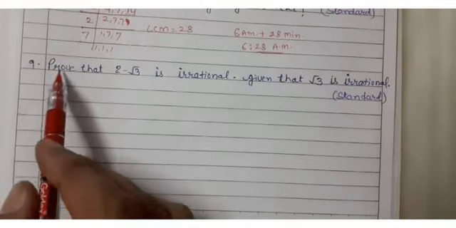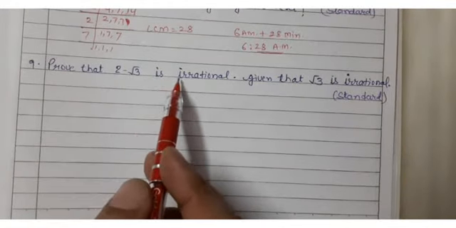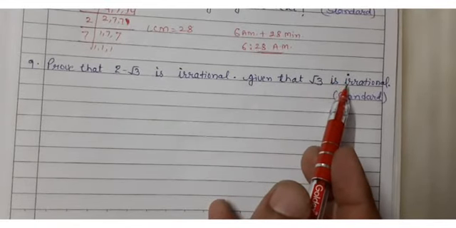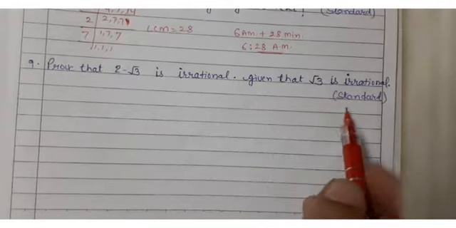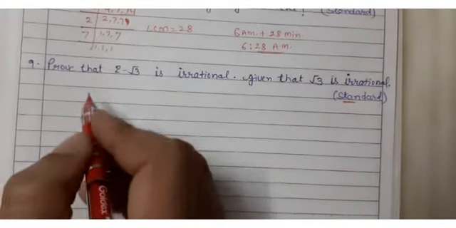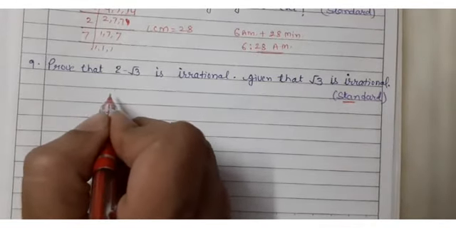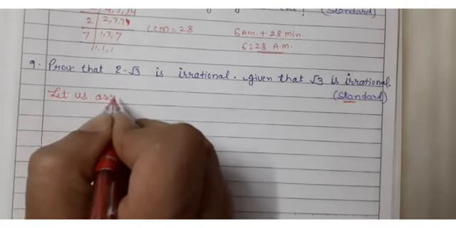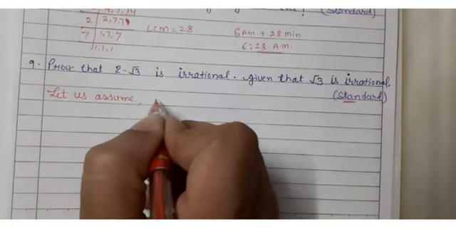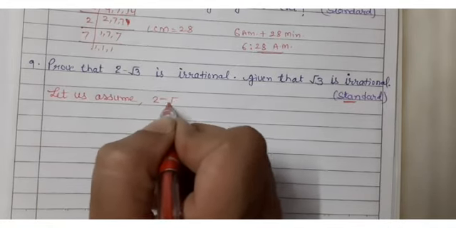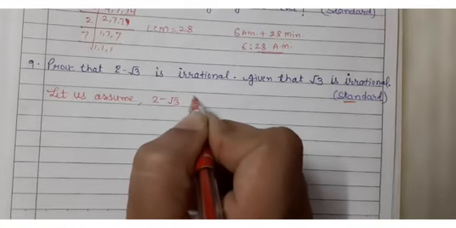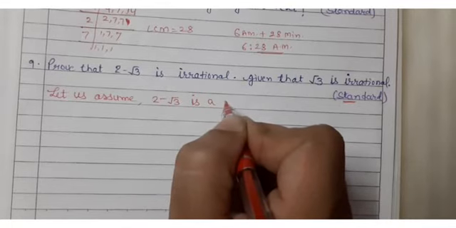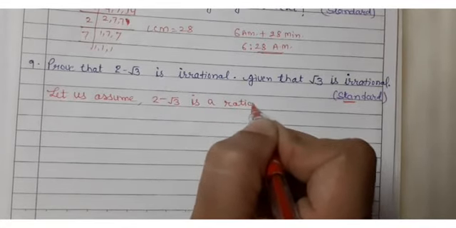The next question is: prove that 2 minus root 3 is irrational, given that root 3 is an irrational number. It is also in the standard paper. Now come on, see, let us assume 2 minus root 3 is a rational number.